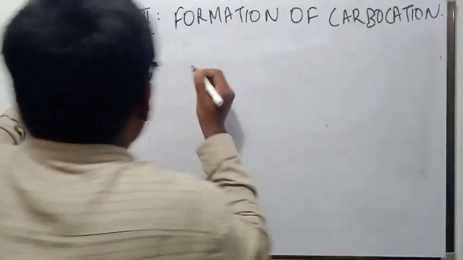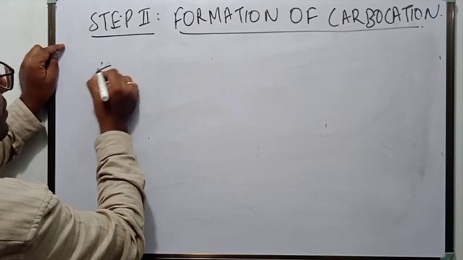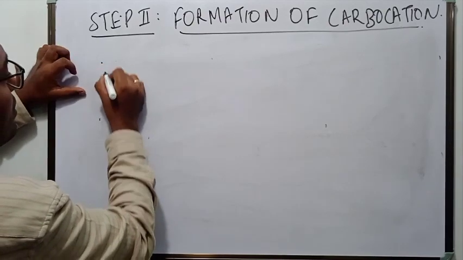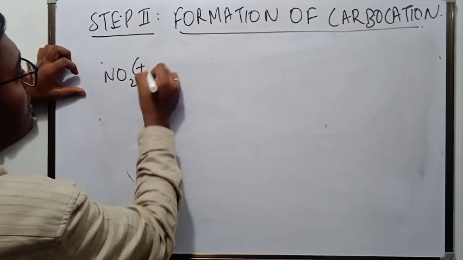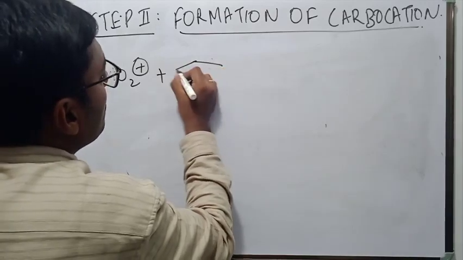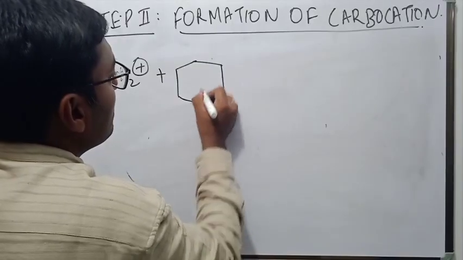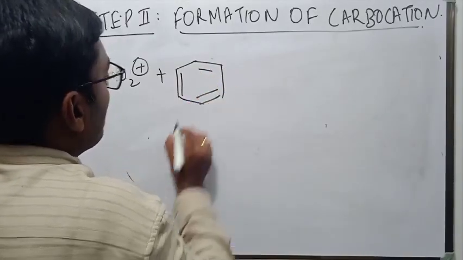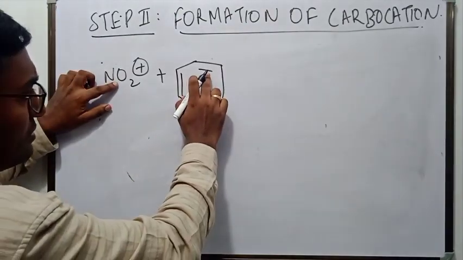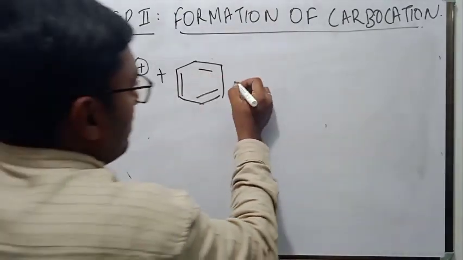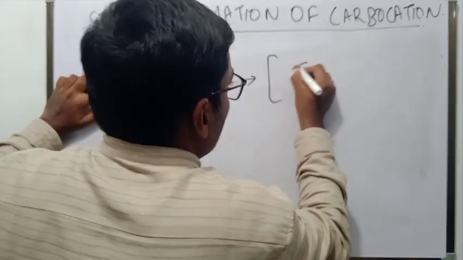Okay, let's see. The electrophile NO2 plus will surely attack the benzene ring. Now suppose it takes this electron pair, then what would be the structure?